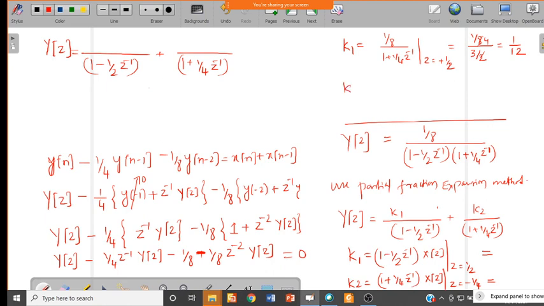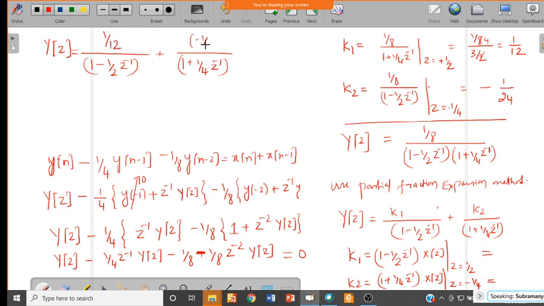Are you getting 1 by 12? And similarly this one, minus 1 by 24. At z equal to minus 1 by 4, what is the value? Minus 1 by 24.